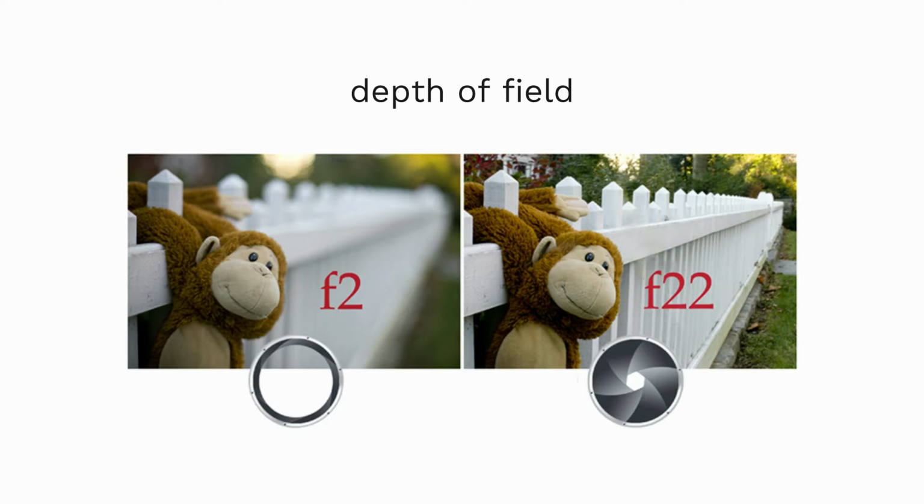And if you want to take a landscape photograph of maybe some mountains or a nice forest, you want every single tree to be clear and in focus. You don't want the tree in front of you to be in focus, whereas all the other trees behind that tree are blurred. You don't want that.